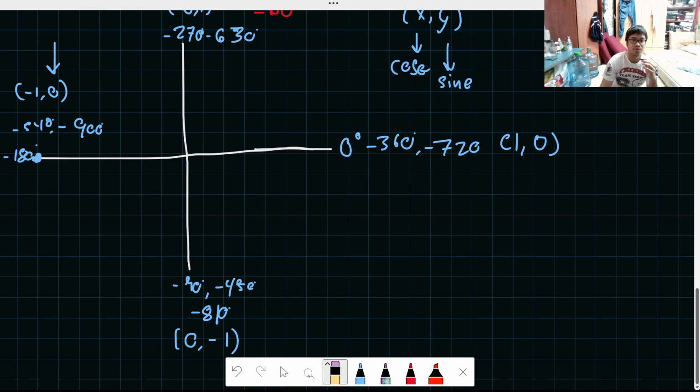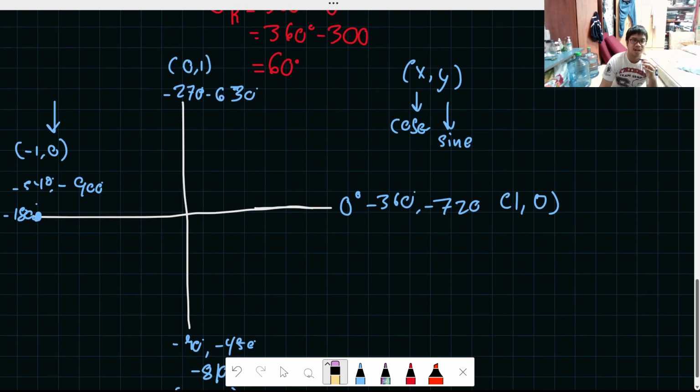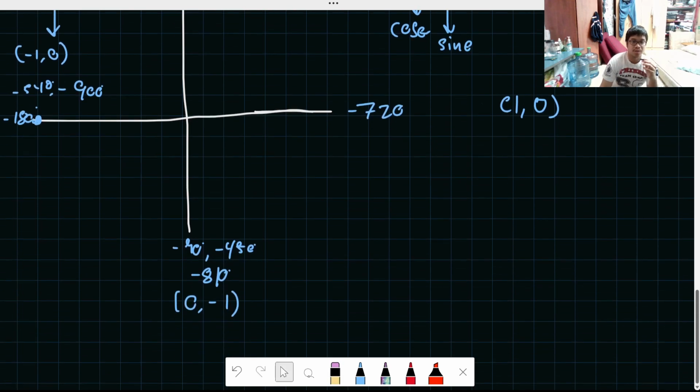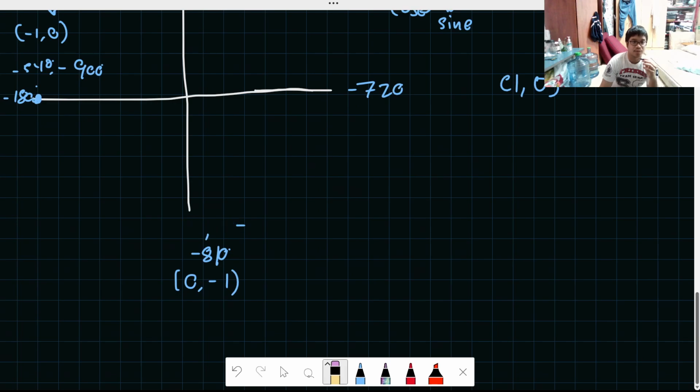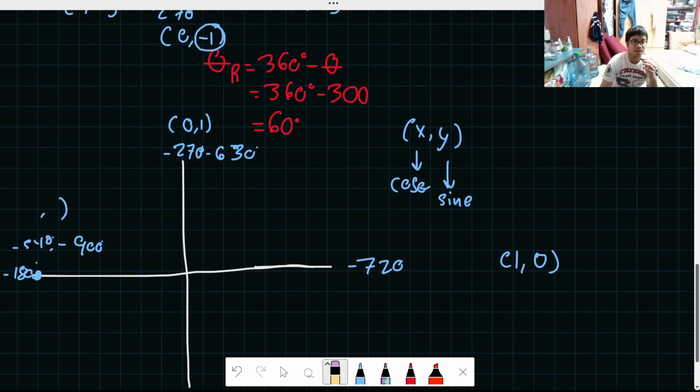In the third revolution, the quadrantal angles are negative 720, negative 810, negative 900, and then here we have negative 1080 degrees. Let me just erase this one for a while. 810 degrees, 910 degrees.